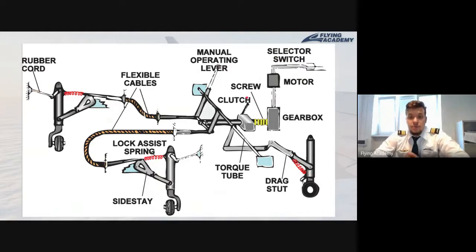This type of landing gear retraction system we will call an electrical retraction system. We still have a lot of mechanism, and in most cases we will have just one electrical motor for all of the landing gears, but this can make the system much lighter because we don't need to use a hydraulic system anymore.